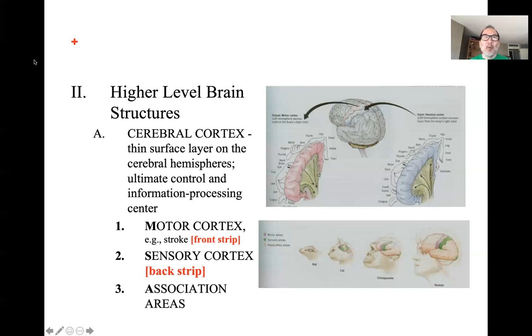And what really makes the cerebral cortex unique from other species is the proportion of the brain that is allocated to association areas, right? A little bit with the mouse, a little bit with the cat, a little more with the chimpanzee, but much more for us. All righty?